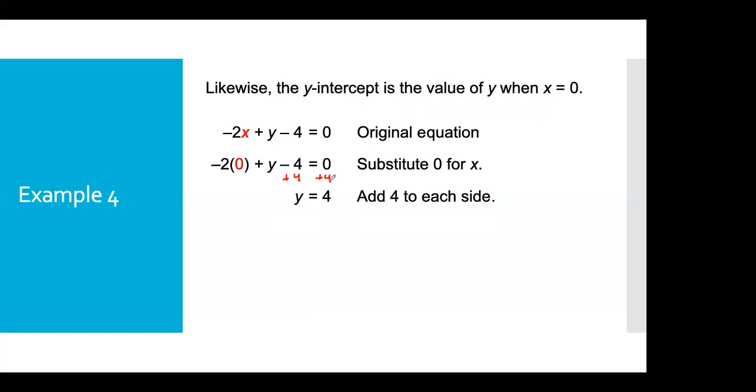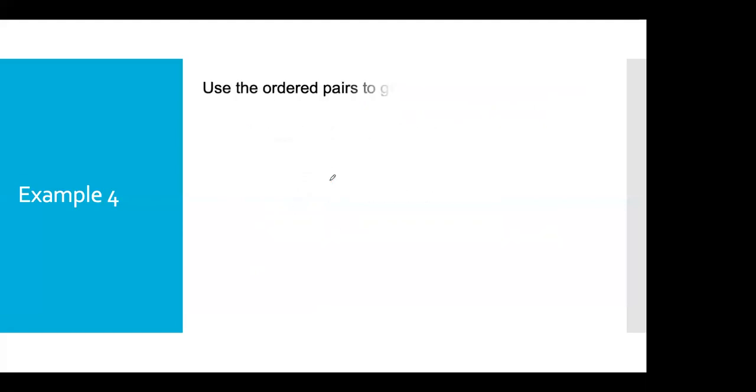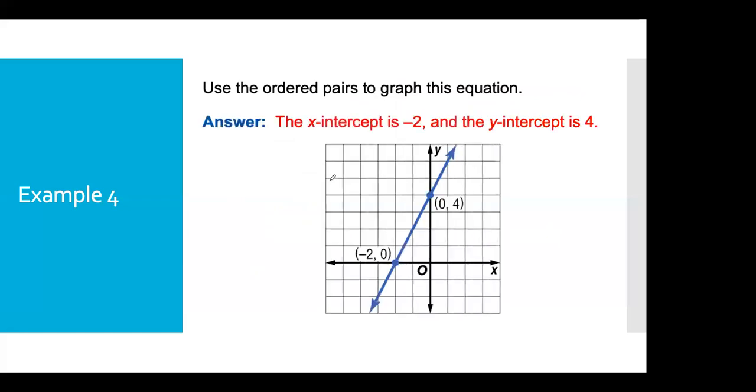And we have y equals 4. So our y-intercept is 4, which is the coordinate point 0, 4. So we're going to use the ordered pairs that we just got to plot our points. Here is our y-intercept, notice that's on the y-axis, and on the x-axis we plot negative 2 and we draw a line between the two.